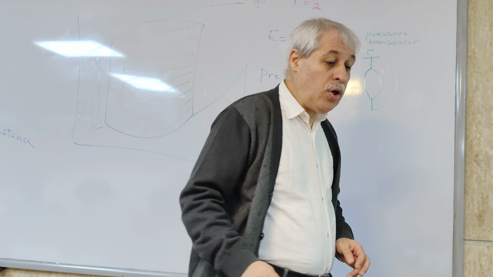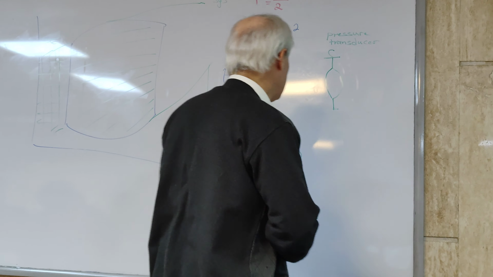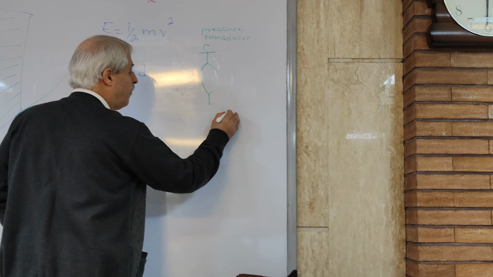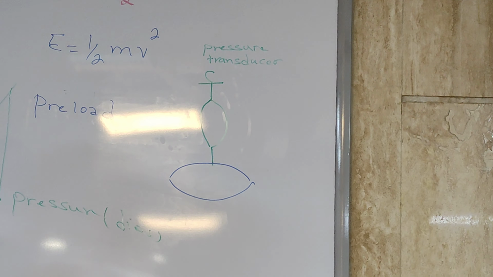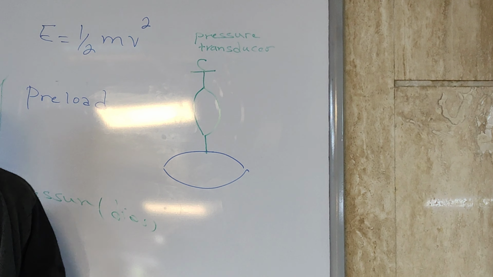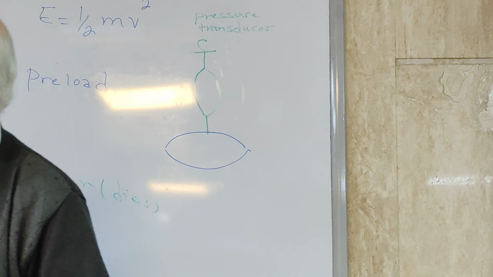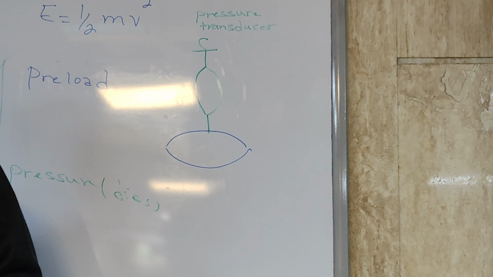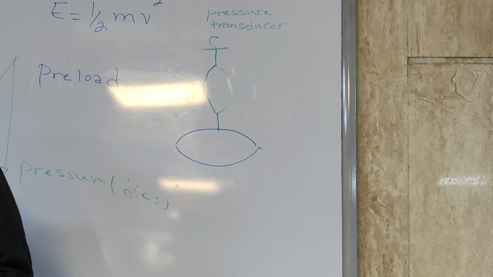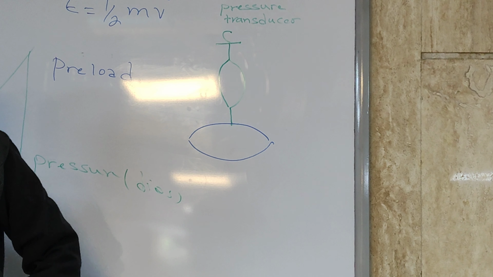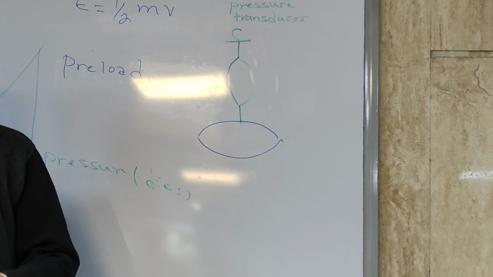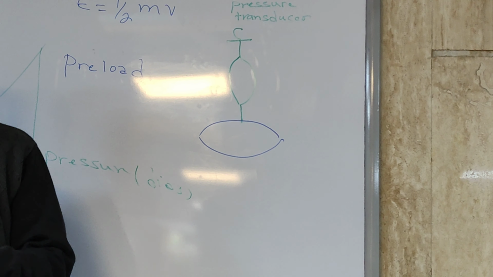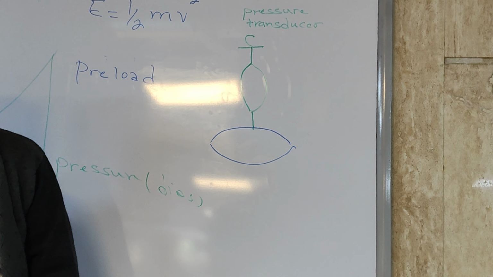Here, if you have isotonic contraction, we connect the panel weights here. The load that the skeletal muscle is lifting is called afterload, which is analogous to aortic pressure.